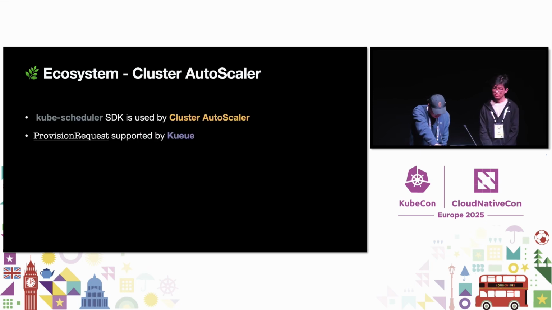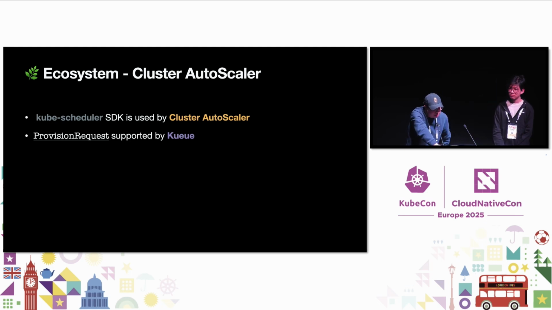The next thing is to think about the cluster autoscaler. CA is much more important in the modern cloud infra setup because of cluster utilization and cluster cost. So first, I think we should understand how CA simulates unscheduled pod scheduling. The fact is that CA uses the default scheduler's SDK to do the scheduling simulation.